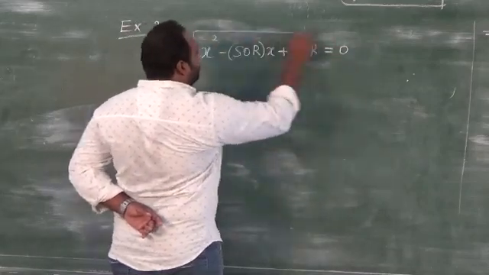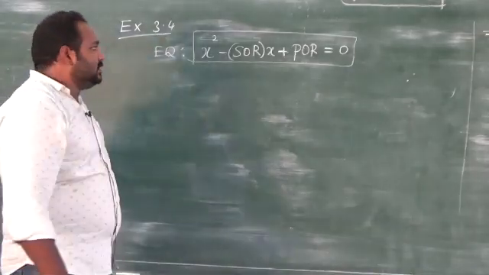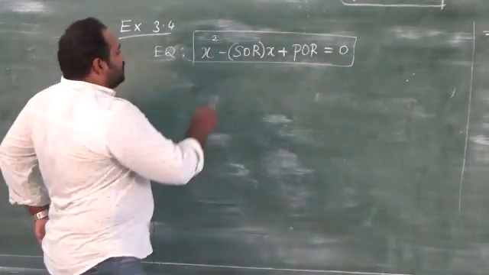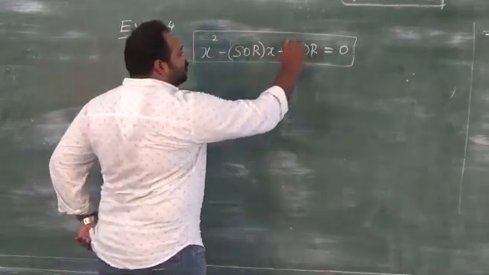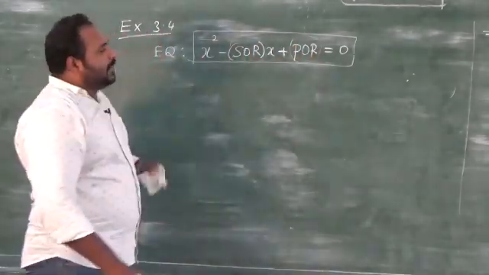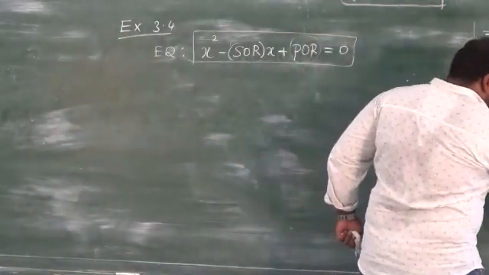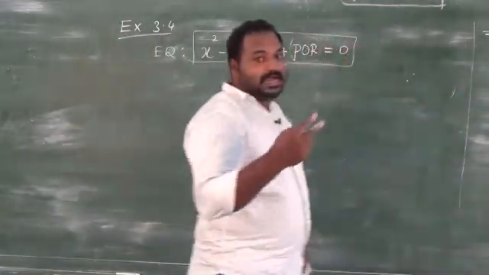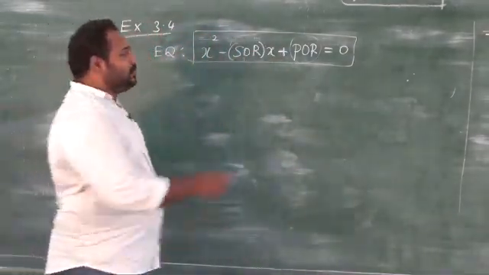This is the formula for finding a quadratic equation when you are given roots. If you want to apply this formula, we need the sum of the roots and the product of the roots. We have two roots, this is one root and this is the other. First I'm going to find the sum of the roots and then the product.